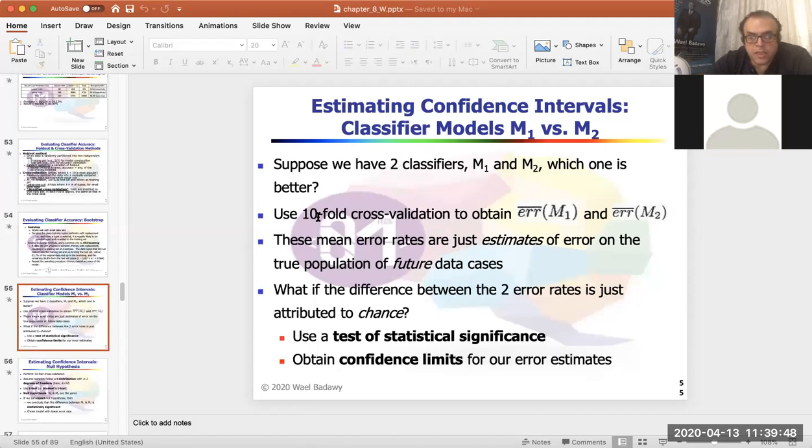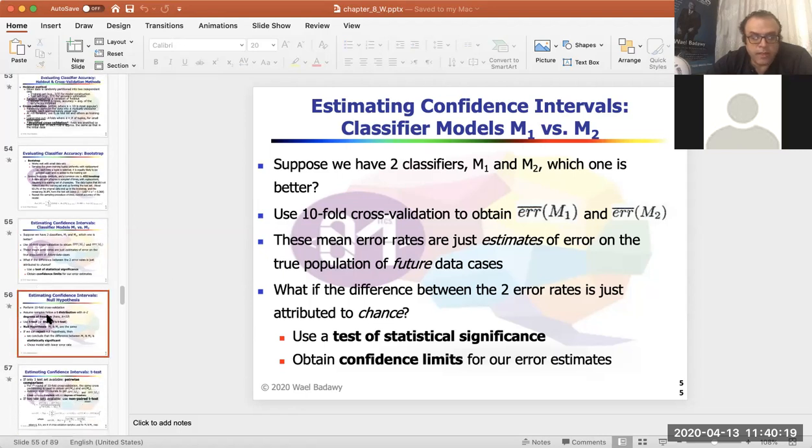If I use 10-fold cross-validation to obtain the error of M1 and M2, the error rate is just an estimate of the error on the true population of future data. So the difference between the two error rates may be just attributable to chance. So I use a test of statistical significance, and I will obtain a confidence limit for the estimate. Basically, I compute the error by cross-validation for each classifier, and then I can figure out which one has the best likelihood.